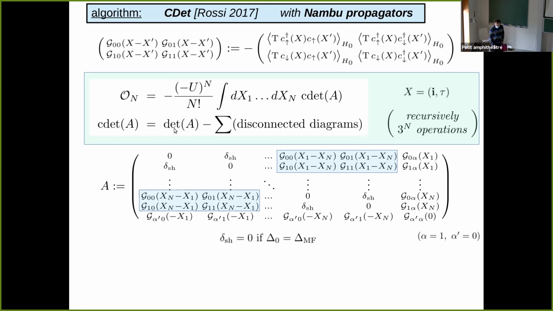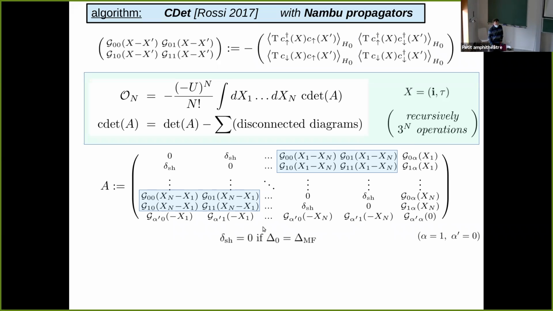The reason is that there is a simple recursive formula which expresses this thing that I call CDET here, which is a sum of all connected diagrams, in terms of the determinant of some matrix A. Computing a determinant is very cheap. It's just a power law as a function of the order, which is the size of the matrix. And then you subtract disconnected diagrams recursively, and it turns out that it only costs 3 to the n operations. So it's much cheaper than n factorial.